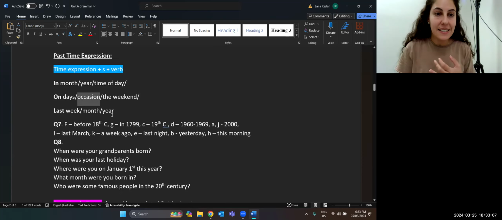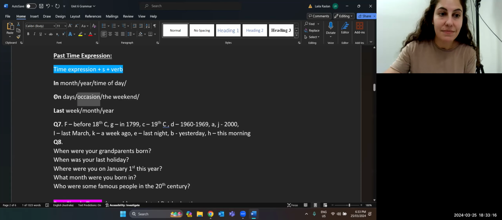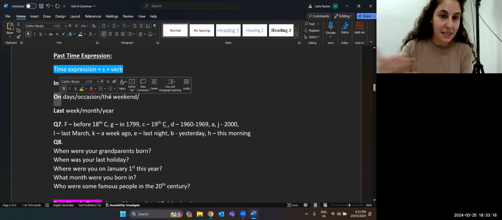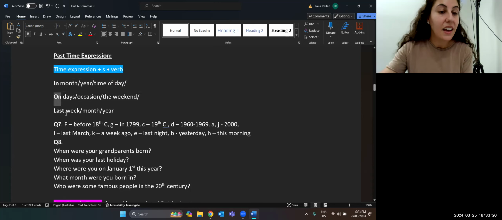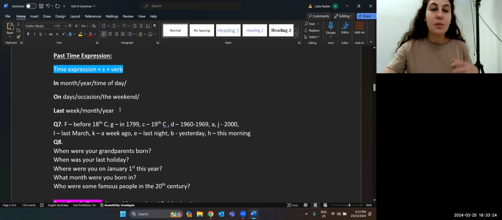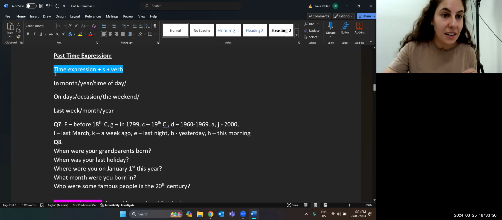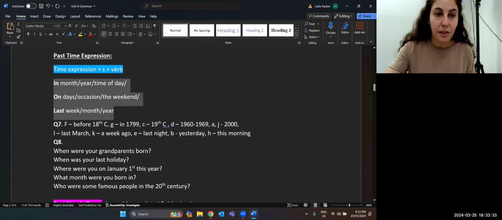Occasion means like on Easter, on Christmas last year, on my birthday, on New Year's Eve, or on the weekend. On the weekend, that's a past time phrase. Or you could say last week, last month, or last year. So it's always easier if you use these time expressions at the beginning of a sentence, before the subject and before the verb.